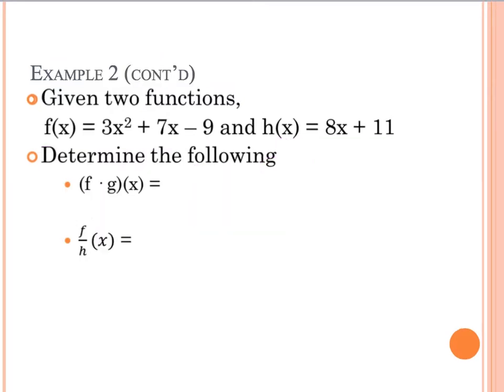There are two other operations, multiplication and division. For multiplication, it will take a little bit of work to get these multiplied. And that's actually a typo. It should say h. I don't have a g of x function.